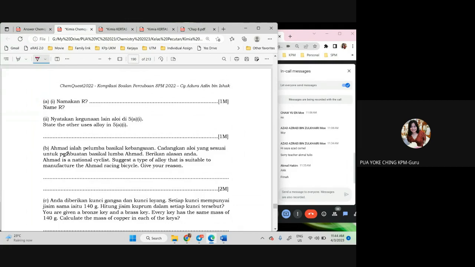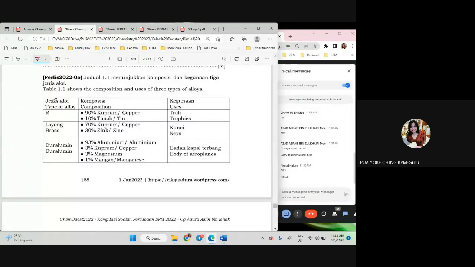Cadangkan alloy yang sesuai untuk membuat basikal lumba Ahmad. Berikan alasan anda. Okay, mana satu? R, copper and tin, so this is bronze. Mana satu yang kita sesuai? Duralumin. Yes.